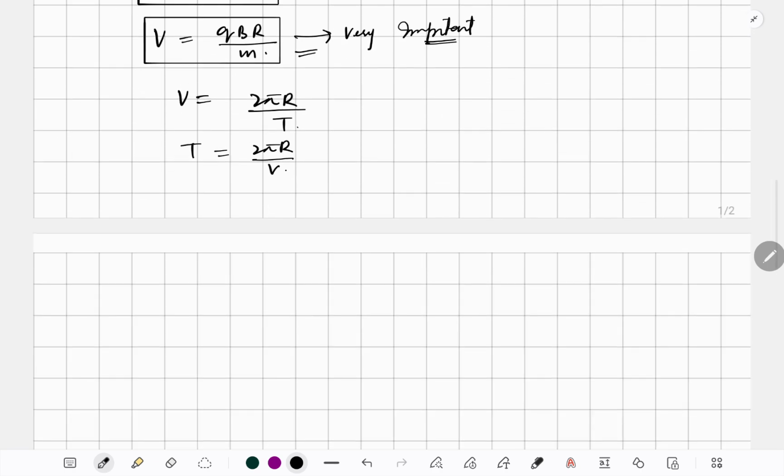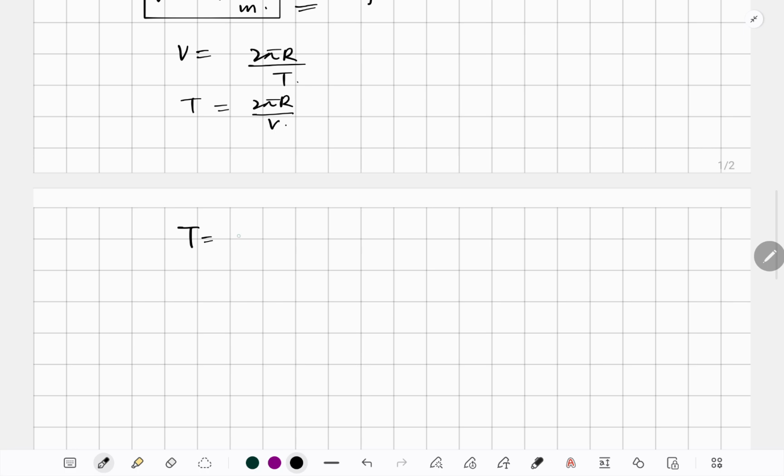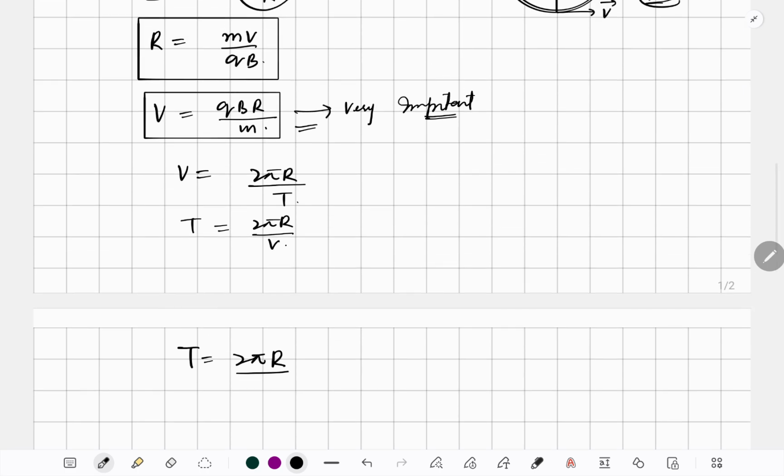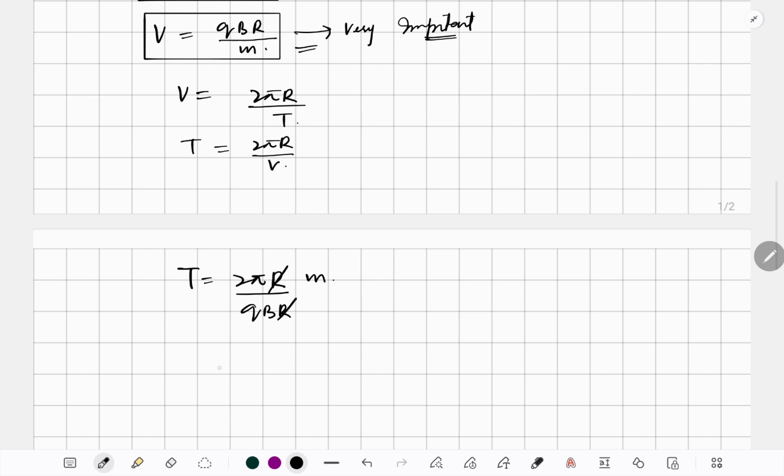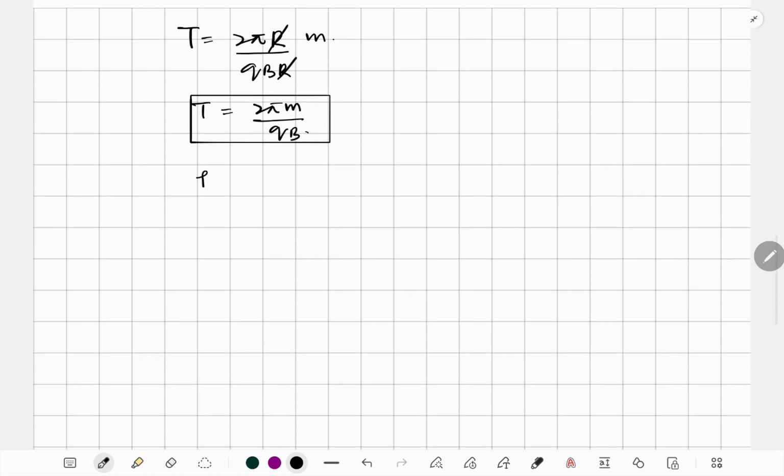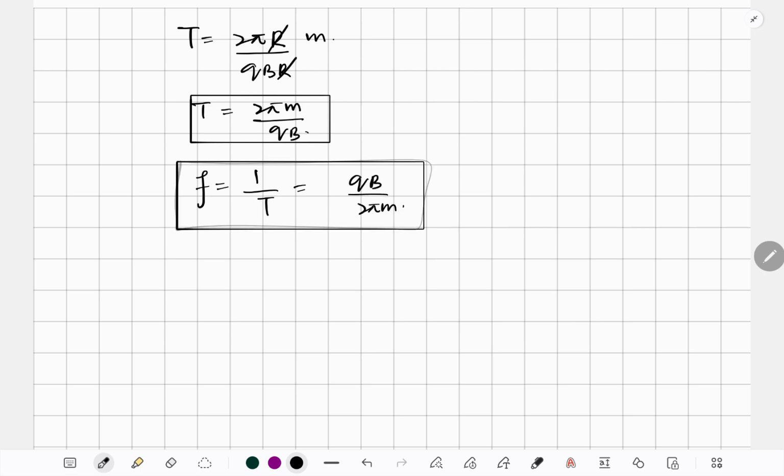Now we substitute, in place of v, this qBr divided by m. r will go, so the time period will be equal to 2 pi m divided by qB. We can also find the frequency. Frequency would be the inverse of the time period. That would be qB divided by 2 pi m. This is a very basic thing.